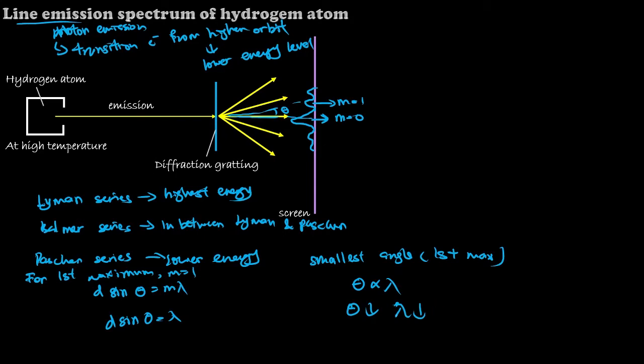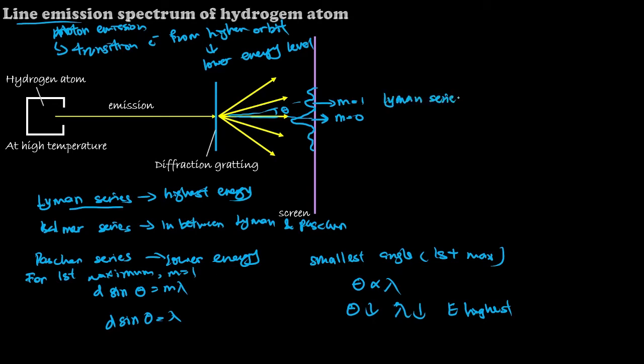When we have the smallest lambda, or the shortest wavelength, the energy is the highest. So among the 3 series, Lyman, Balmer, and Paschen, the one that forms the first maxima is the Lyman series.